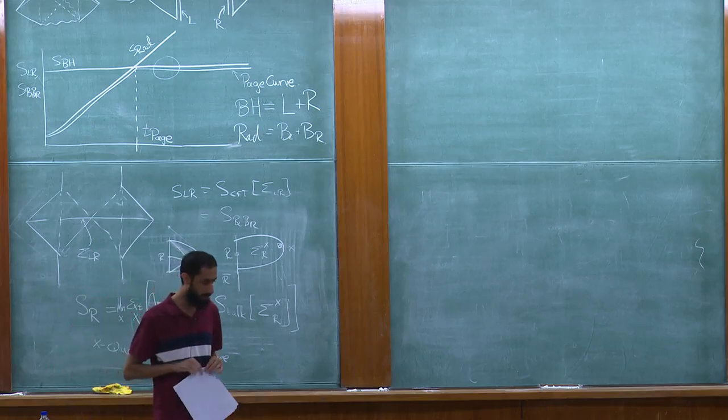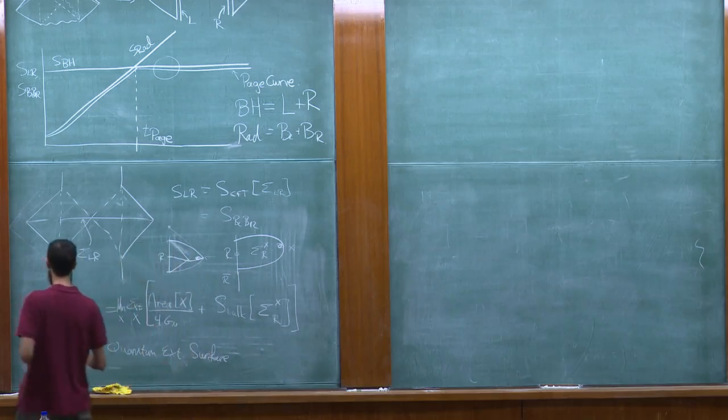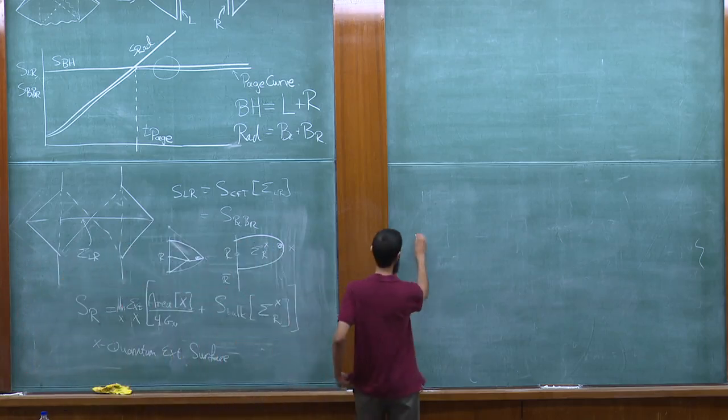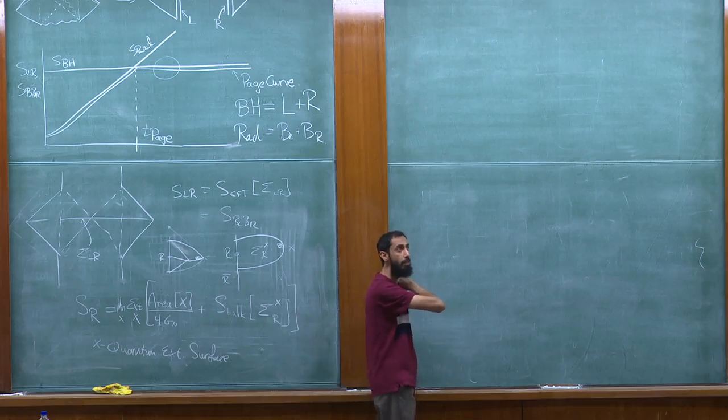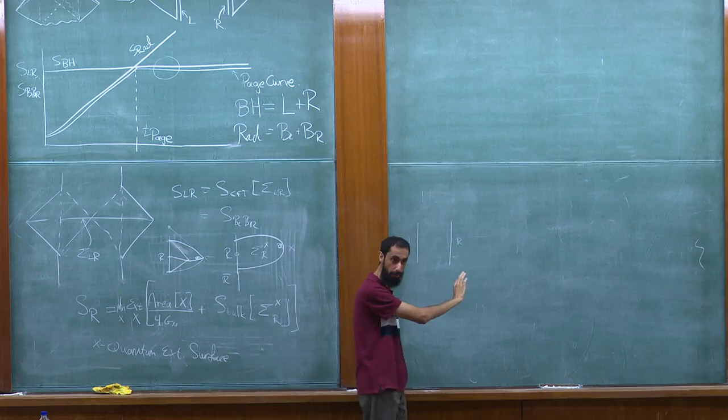Yes, there is an argument, which is that, let me see. Let's consider, okay, let's take the simplified case of having the left and the right just be quantum mechanical systems.